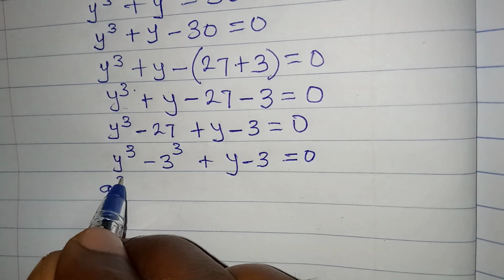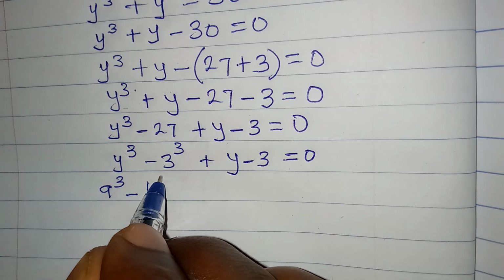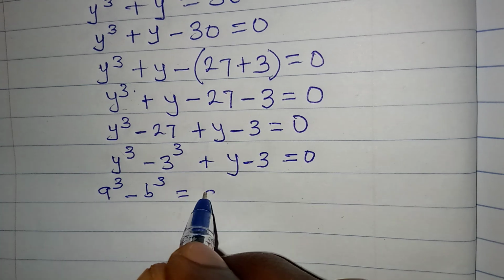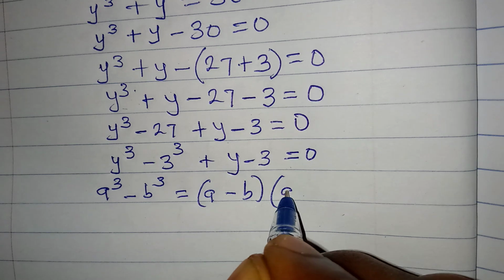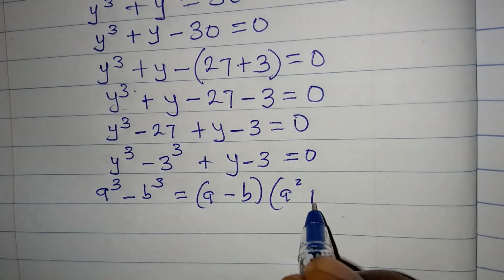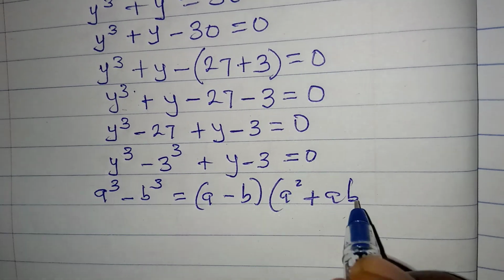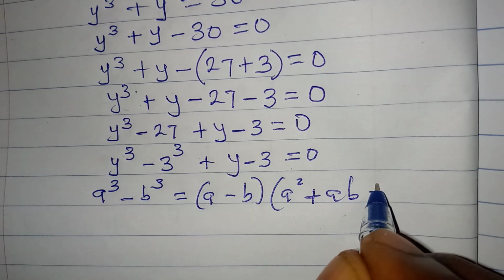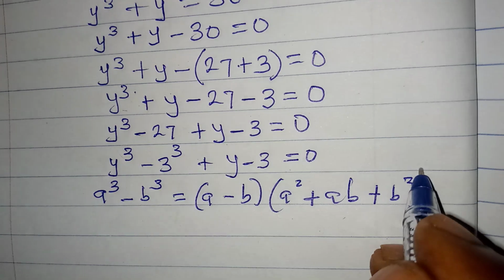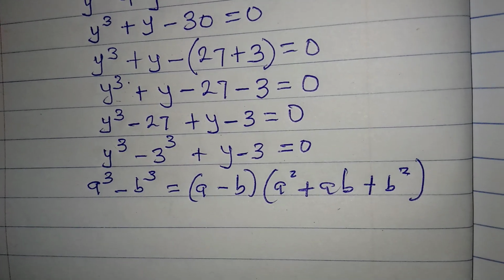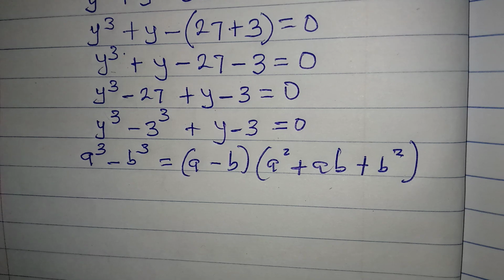Remember, if you have a to the power of 3 minus b to the power of 3, this is the same thing as a minus b into a squared plus ab plus b squared.